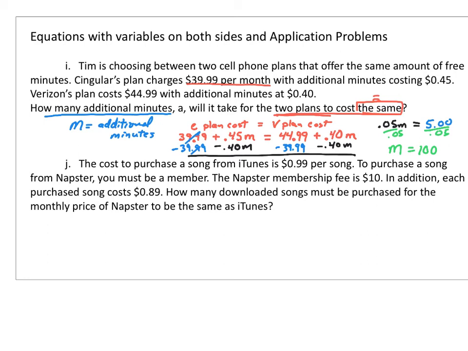So that would be 100 minutes. After 100 minutes, the plans are going to cost the same. If you want to check your answer, you could take the 100 minutes and put it into this calculation right here, and take your 100 minutes and put it into this calculation right here and see if the Verizon plan and the Singular plan come out to cost the same.